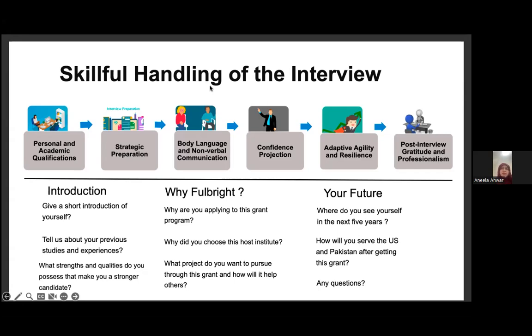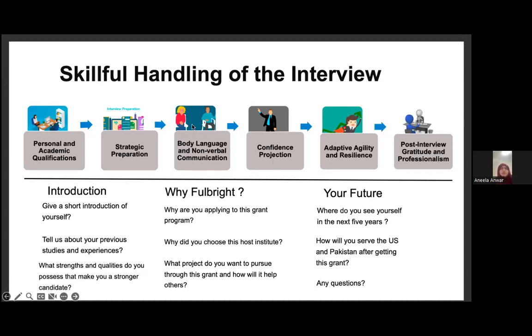I still remember very vividly, they asked me about my collaboration in Pakistan for the project I'm doing here and planning to go for. I think that's very important and relevant.